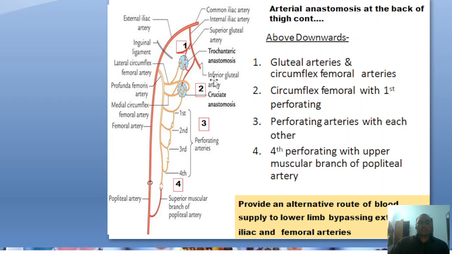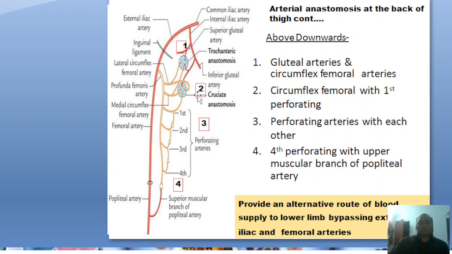First is the trochanteric anastomosis around the intertrochanteric fossa, formed by the medial and lateral circumflex femoral arteries and the superior gluteal artery, a branch of the internal iliac artery, which is a branch of the common iliac artery.